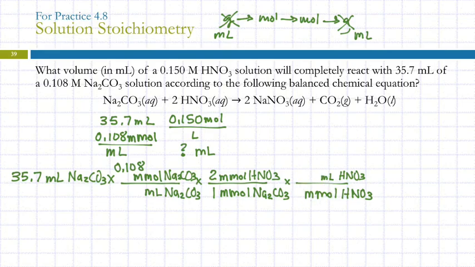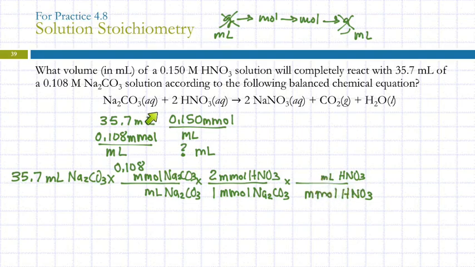Then at the end here, I've got the molarity of the other thing. So again, let's just fix up this so it looks right. So that's what I was given, moles per liter. If I multiply the top and bottom of a fraction by the same thing, I haven't changed it. So I can put milli on top and the bottom.